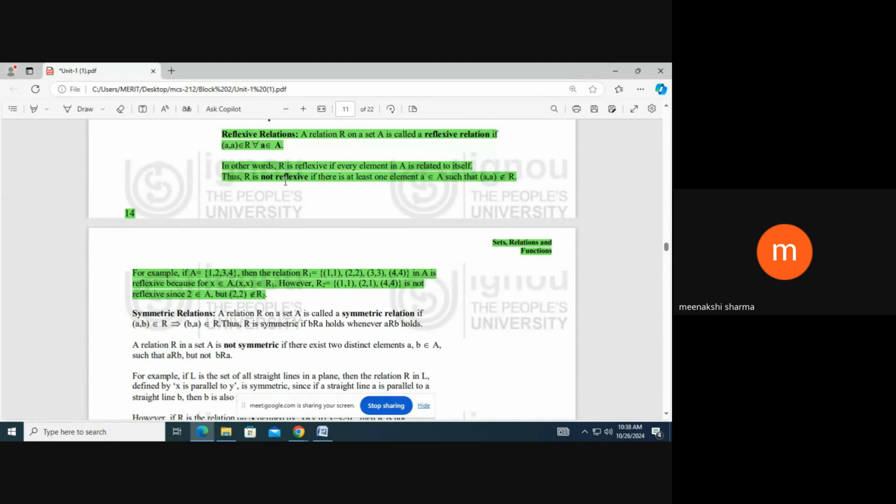In other words, R is reflexive if every element in A is related to itself. Thus, R is not reflexive if there is at least one element a belonging to A such that (a, a) does not belong to R. Students, understand this point?